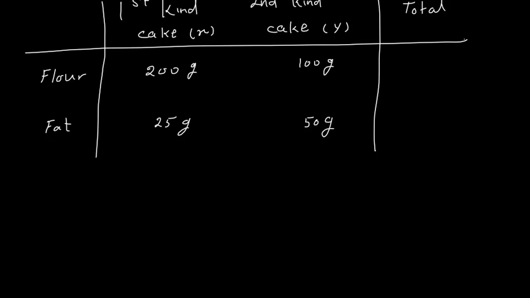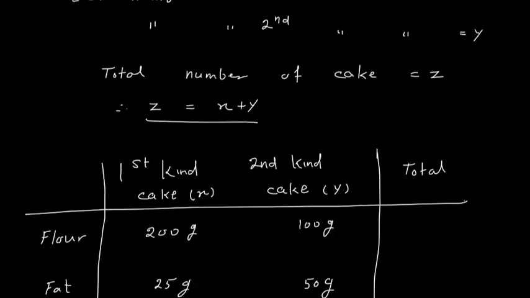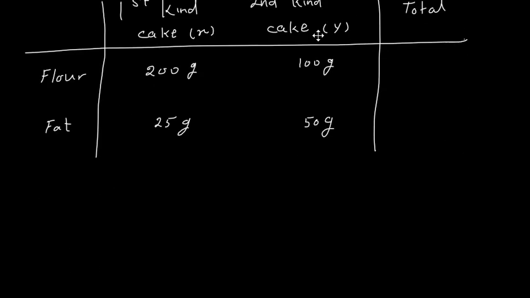Total flour which is available is 5 kg and fat is 1 kg. So here the total availability is 5000 gram and here it is 1000 gram. So this is the information given.